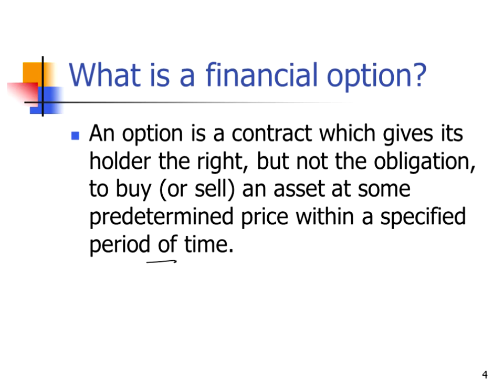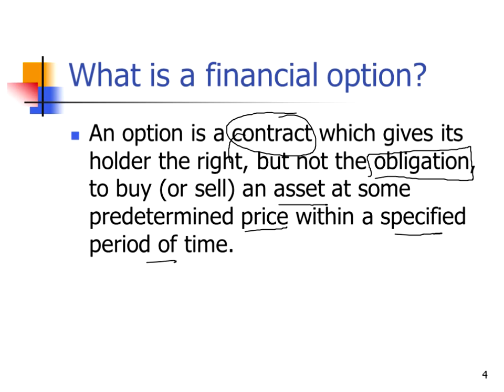So, a couple of characteristics that you got to understand clearly is that it is a contract. But to the buyer, it gives the right but not the obligation. So if the buyer wants, they can forego buying of whatever option has been purchased, or to sell any asset at some predetermined price within specified period of time.